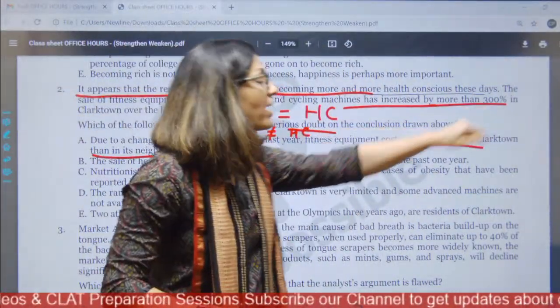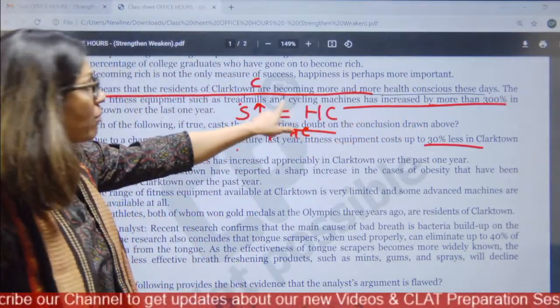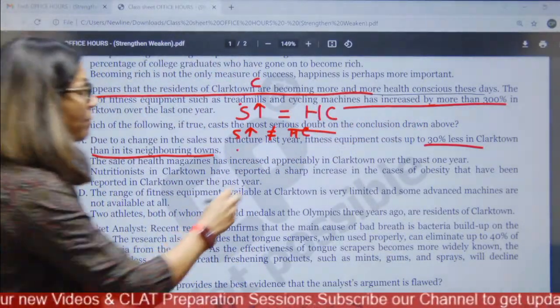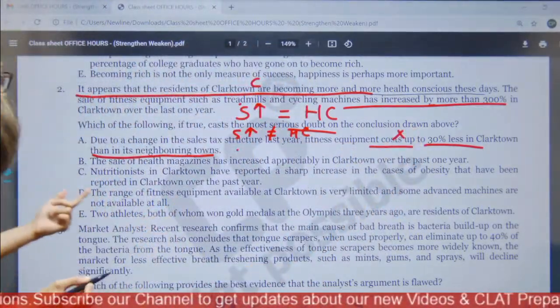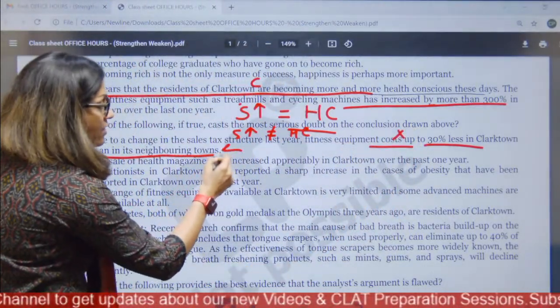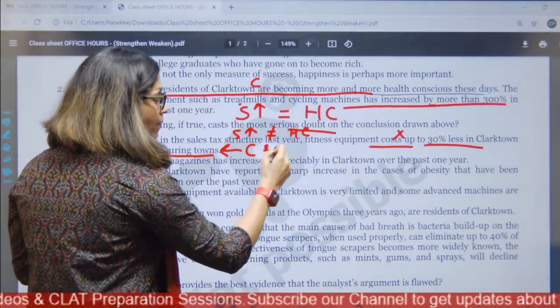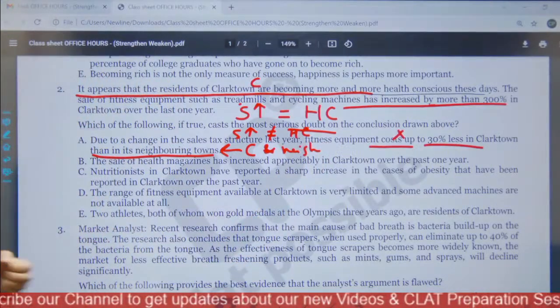Sales have increased by 300%. The author feels that people are conscious, so they are buying more equipment. Option A is saying that the people in Clarktown are not the only ones buying this equipment. Who is buying this equipment? Everyone else, people in Clarktown and neighboring towns. Why are they buying the equipment here?